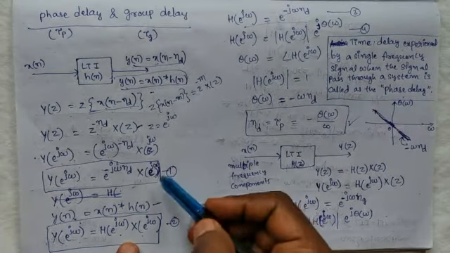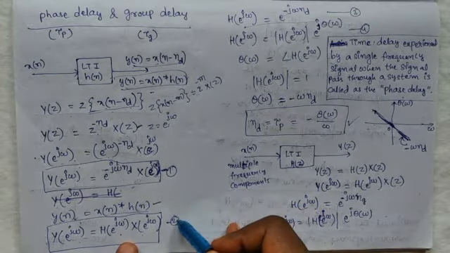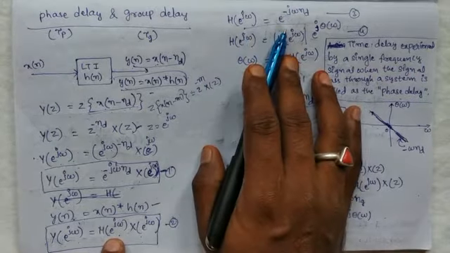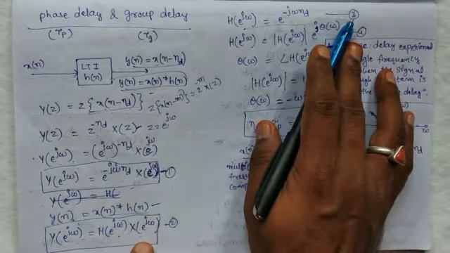This is equation 1. We are comparing equation 1 and equation 2. From this, H of e power j omega is equal to e power minus j omega nd. I am taking this as equation 3.